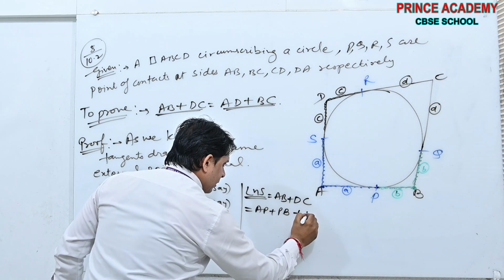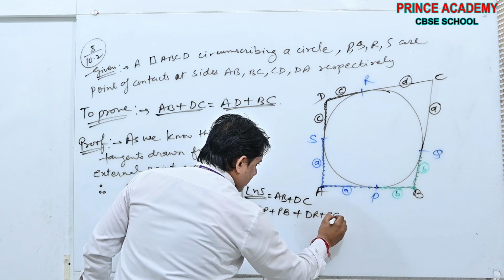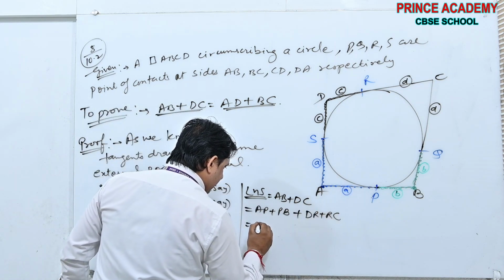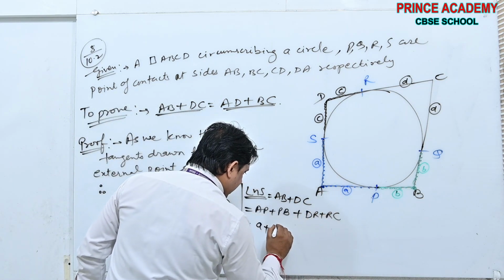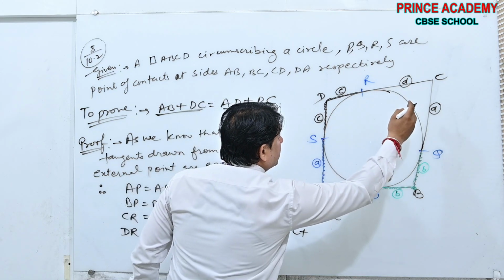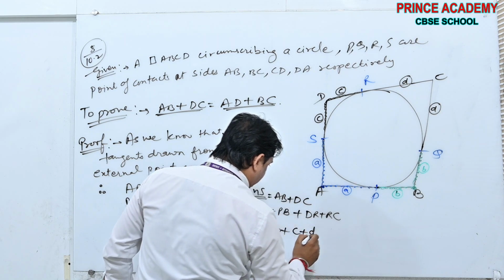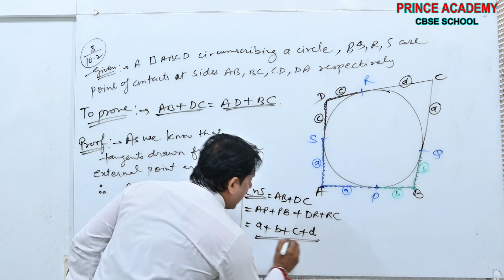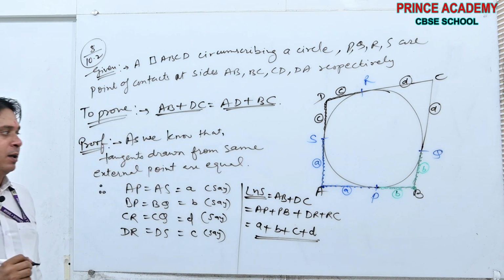DR plus RC. So AP is a, PB is b, DR is d, RC is c. This is your left hand side. Left hand side is a plus b plus c plus d.